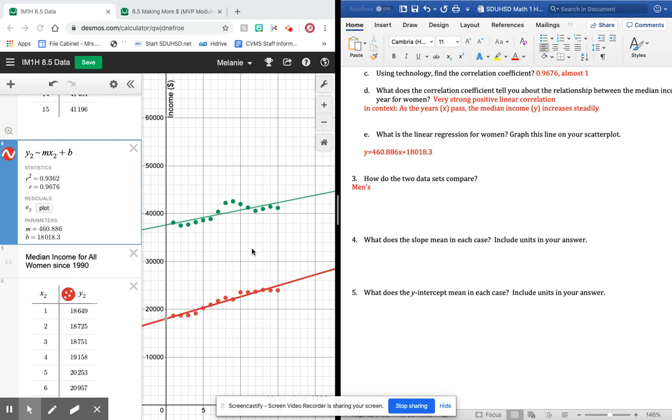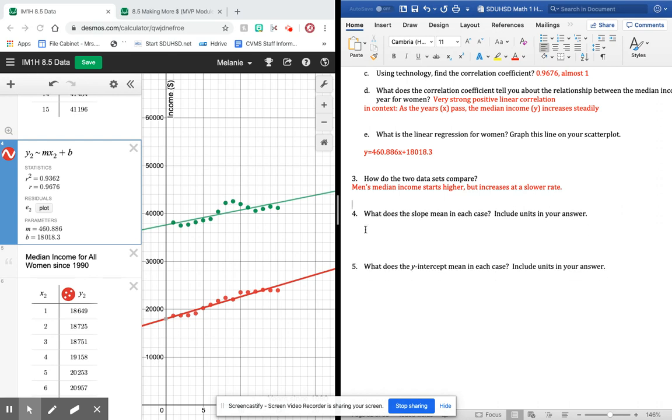Men's median income starts higher. You can see that in the y-intercept. But we can talk about that later. So the men's income starts higher, but it increases at a slower rate. And you can see that in the graph. You can see that in the equation too, but you can see it even more clearly in the graph.